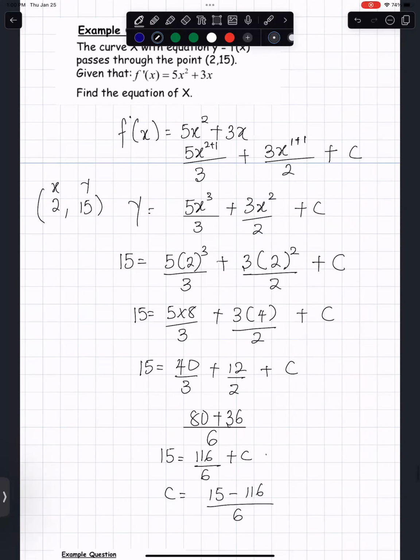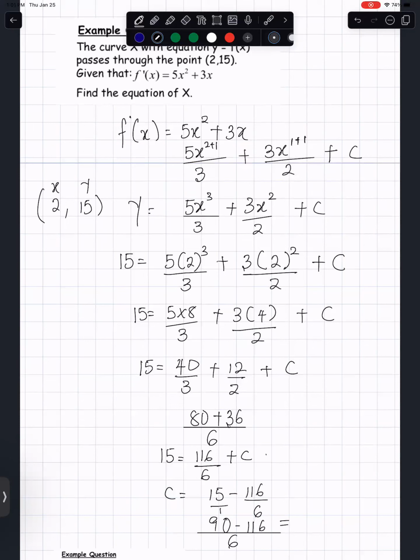Is that okay? So subtracting 15 minus 116 over 6. Looking for the LCM of this, I have 15 multiplied by 6 gives 90 minus 116.